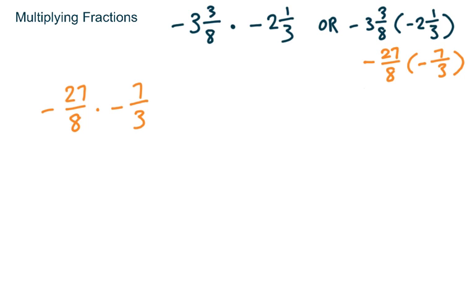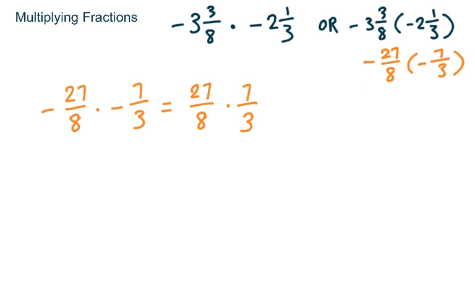Think about the rule of multiplying signed integers. If you have something such as negative 2 times negative 3, you know the answer is positive 6 because negative times negative is positive. So in this case, we know that we just need to find the product of 27 over 8 times 7 over 3 because negative times negative is positive.